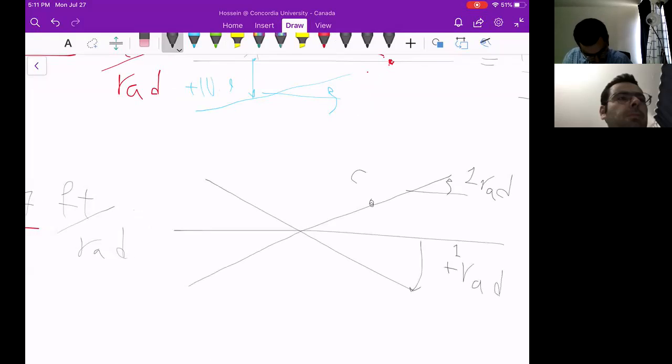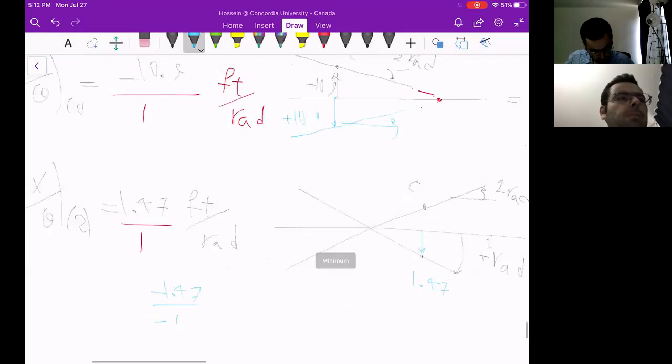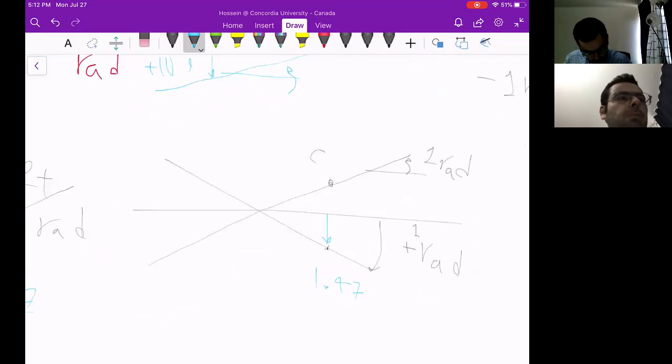There would be a positive 1.47 foot, or you could say negative 1 radian would be minus 1.47.